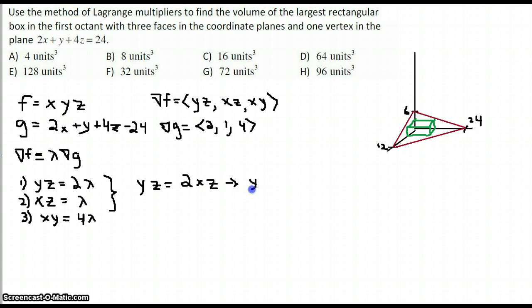We'll have yz minus 2xz equals 0, and factor out the z, and have y minus 2x multiplied by z is equal to 0. z can't be 0. You wouldn't have a box at that point. And so since z can't be 0, it must be that y is 2x.